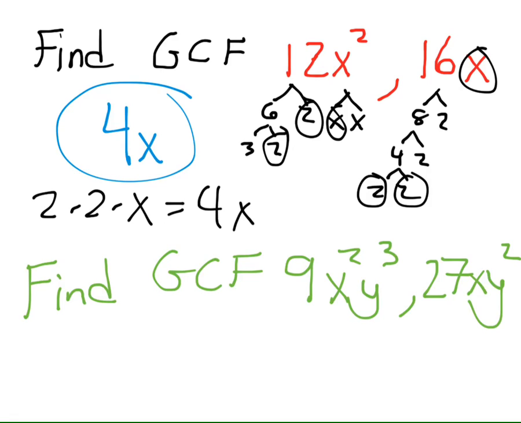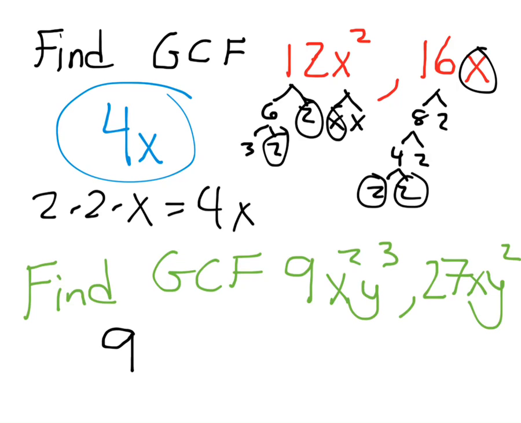I want to know what is the greatest common factor between these two monomials. You can just start with the number first and then look at the variables. Looking at just the coefficients first, 9 and 27, what's the greatest common factor between 9 and 27? 9, right? 3 is also a factor of both of them. But the greatest common factor is 9 because both of those numbers are divisible by 9.